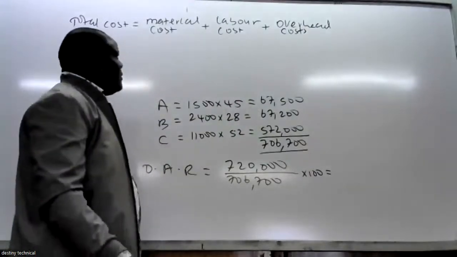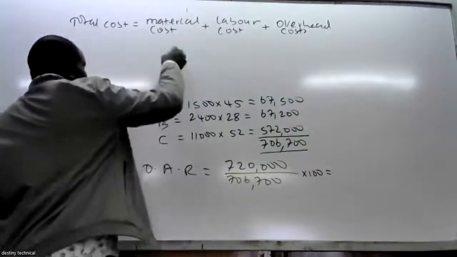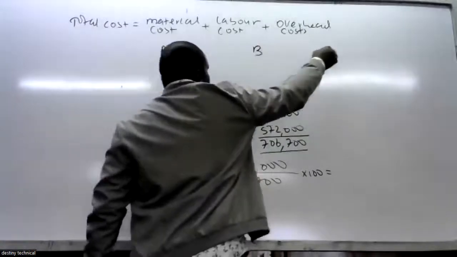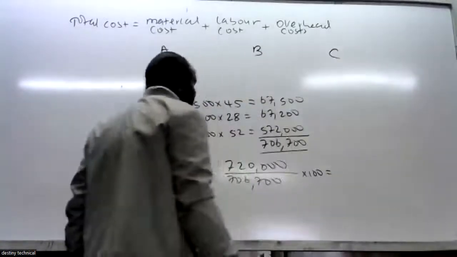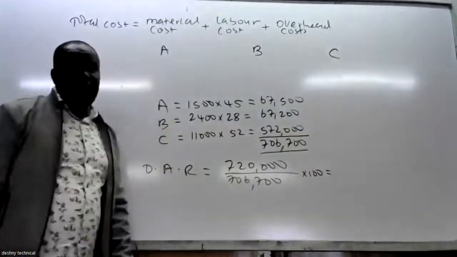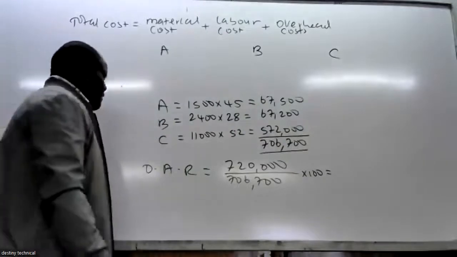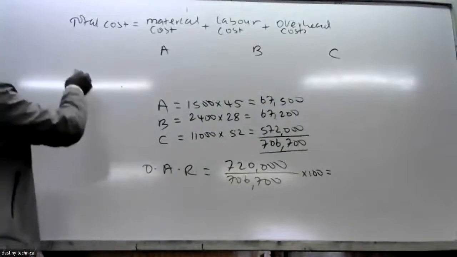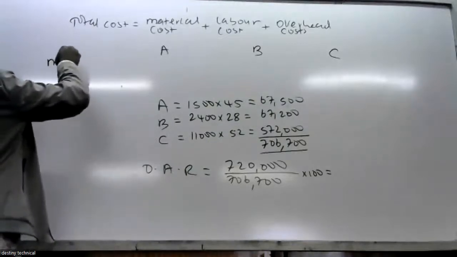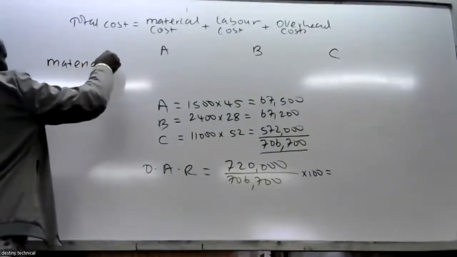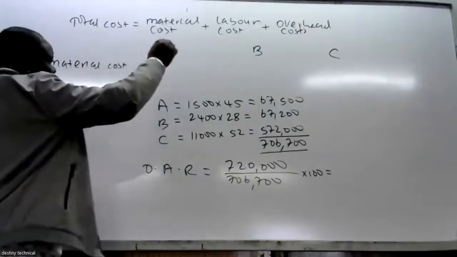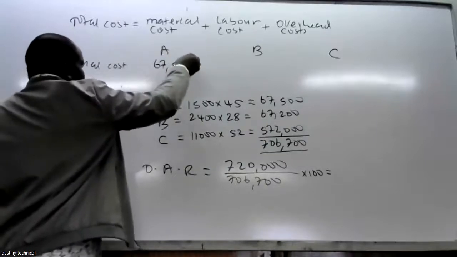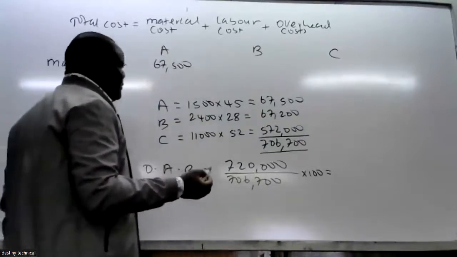So there is product A, product B, and C. So we start off with the material costs. So it will be 67,500. That is for A.